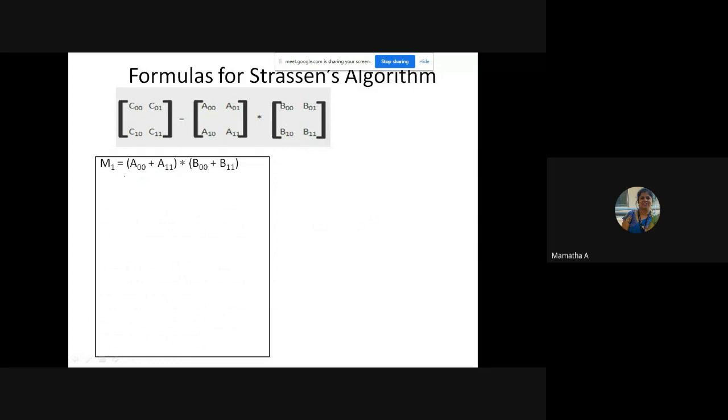What do you think M1 is? Can you analyze and tell me what is M1? Product of? Can anybody tell me what is M1? A00 plus A11 into B00 plus B11.